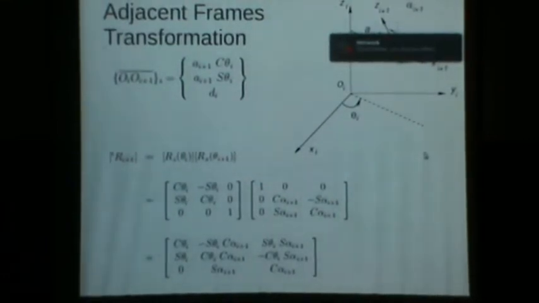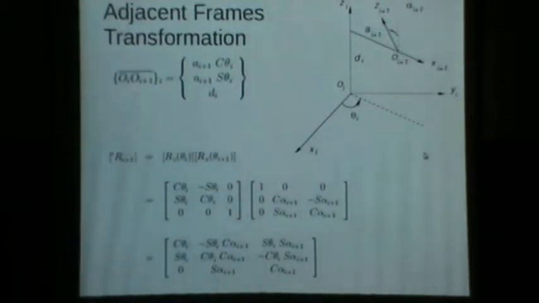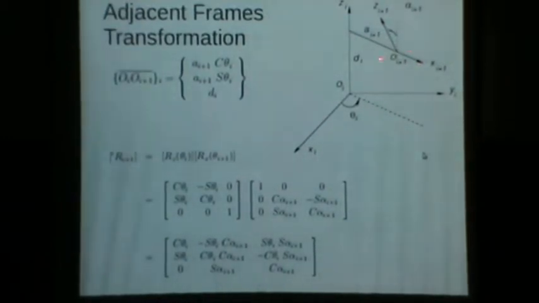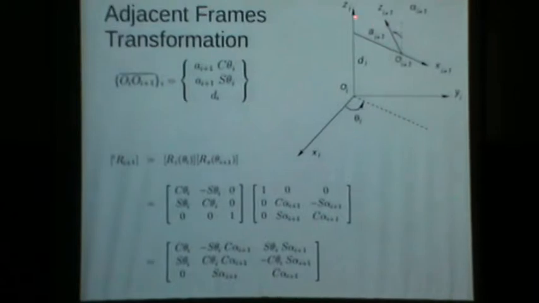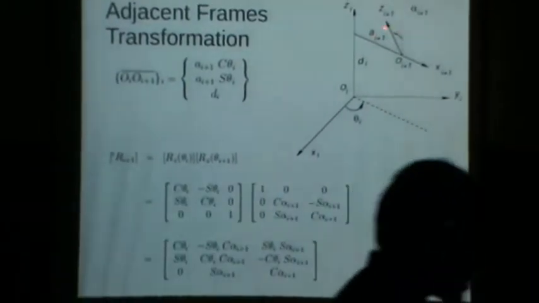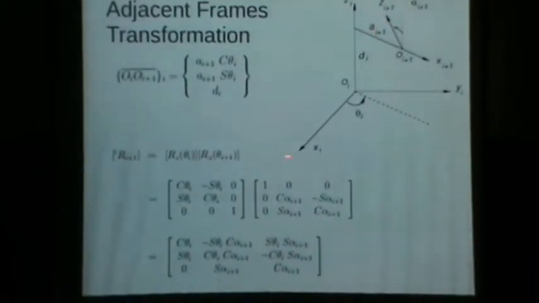Between this joint and this joint, this length a i plus 1, and the angle between this and this, alpha i plus 1, that is here, are the parameters.